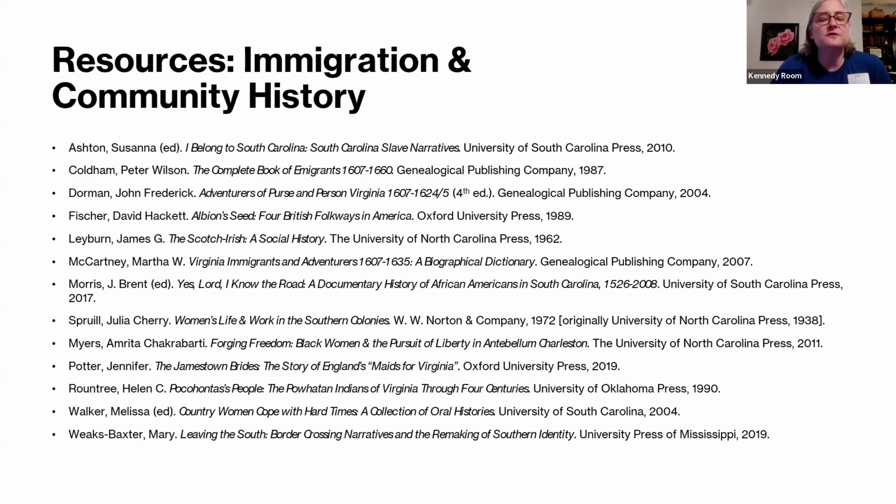Amrita Myers's Forging Freedom: Black Women and the Pursuit of Liberty in Antebellum Charleston. Jennifer Potter, The Jamestown Brides: The Story of England's Maids for Virginia. That talks about the Virginia Company, in the 1620 and 21 period, doing some speculation and recruiting women to migrate to the colony to become wives of all of these men who had settled.